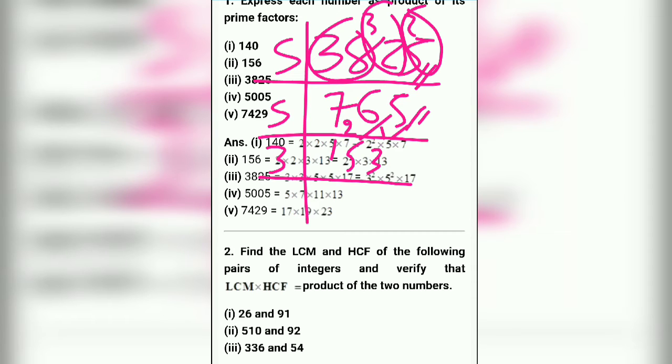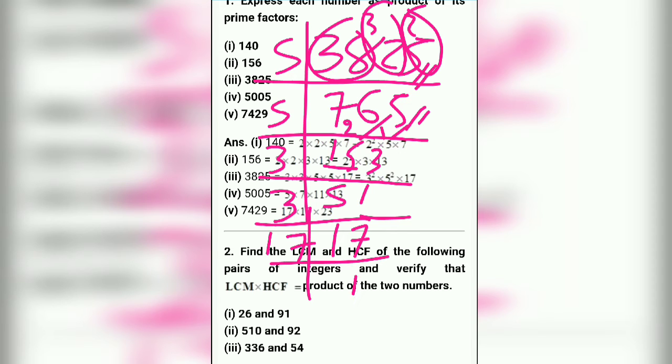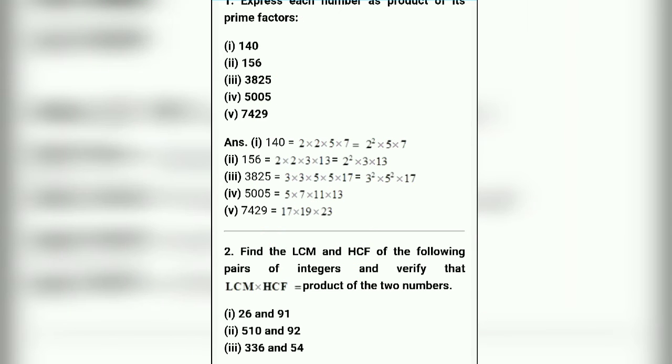So here we can take 3. Okay, 3 fives are 15, 3 ones are 3. Okay, now for 51 we know that 3 seventeens are 51, right? And 17 ones are 17, because 17 itself is a prime number. Okay, so these are the prime factors of 3825: 5, 5, 3, 3, 17. Okay, 5 multiply 5 multiply 3 multiply 3 multiply 17.